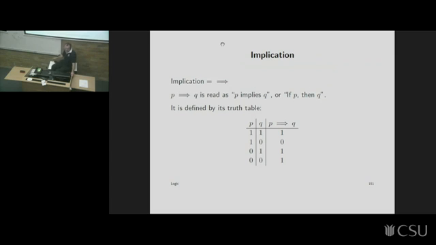Implication pretty much says if P then Q, which corresponds in computer code to either Q is correct or P is false. Q is right or P is false, essentially what it boils down to.